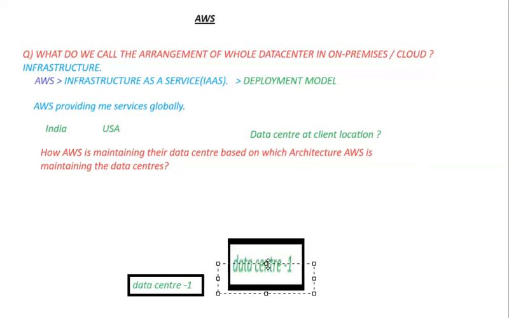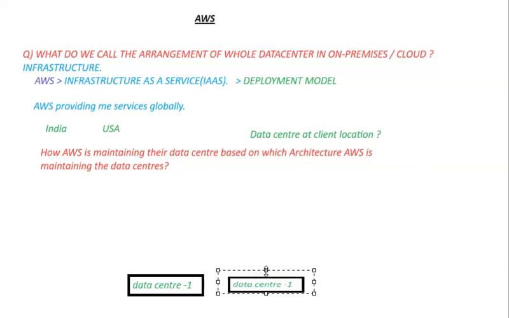So like this, AWS maintains more than one. In a single availability zone, AWS maintains greater than or equal to one data centers.